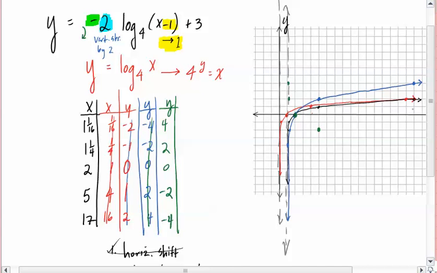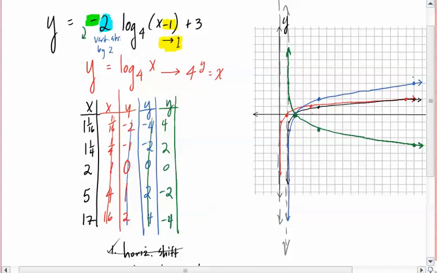And then over 17, -4. Now you notice that before it was at +4, now it's at -4. Alright, let's take a look. Here's my reflection. My smooth curve is being reflected. Same asymptote, right? Same x equals 0 vertical asymptote.